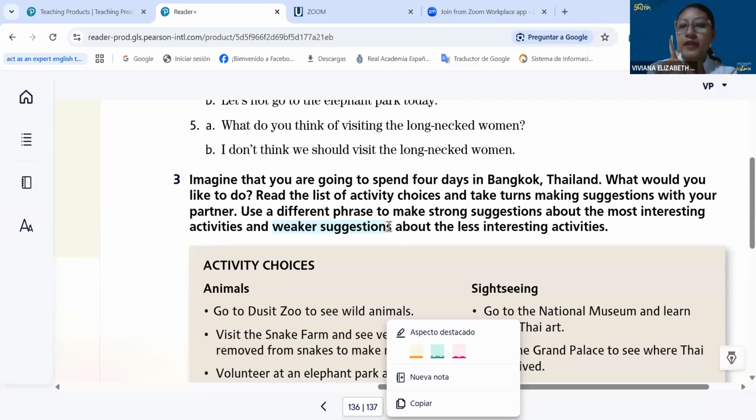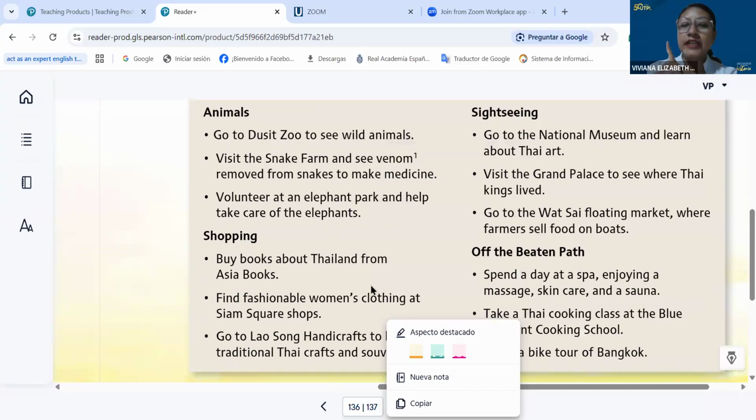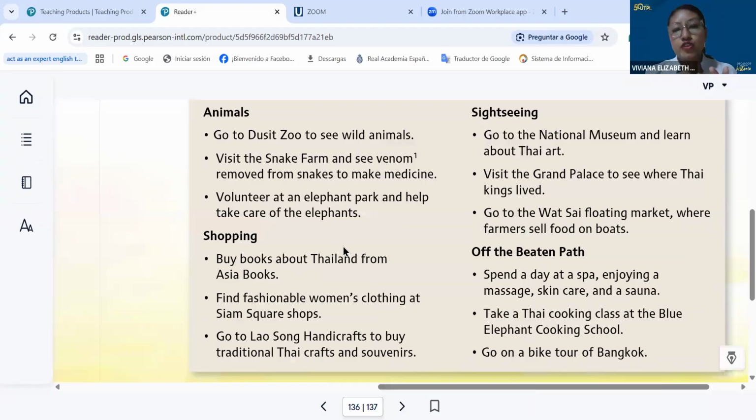First, you are going to classify these activity choices into more or less interesting. After classifying, you are going to have a conversation in your group making suggestions about these activities. The ones classified as most interesting get strong suggestions, and the less interesting ones get weaker suggestions. Is it clear?